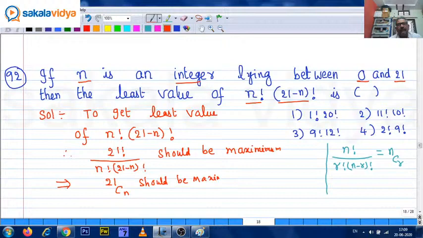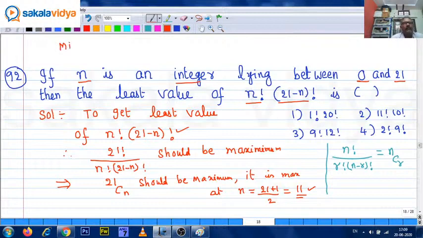It is maximum at n is equal to 21 plus 1 by 2, that is 11. That means at n is equal to 11 it will be minimum. So put n is equal to 11 in this one, you get the minimum value.